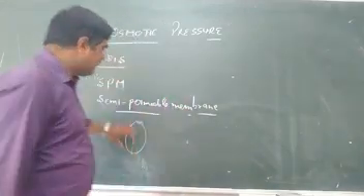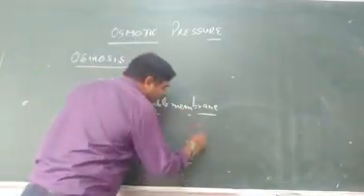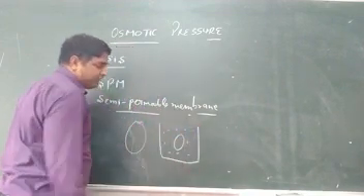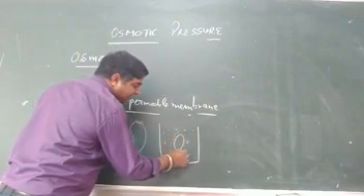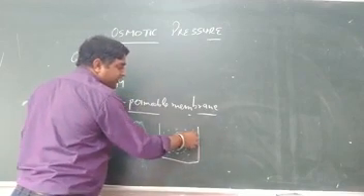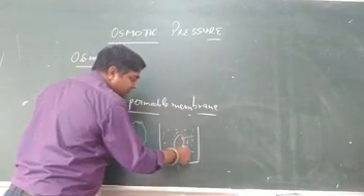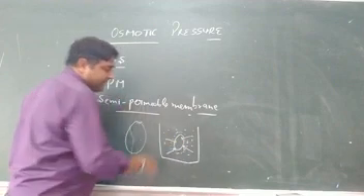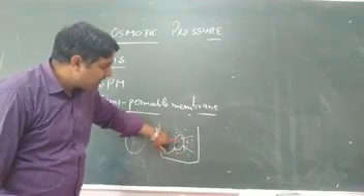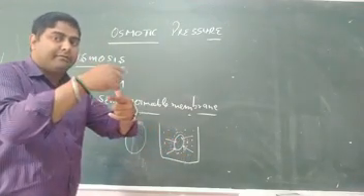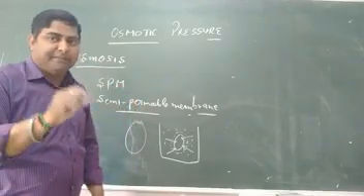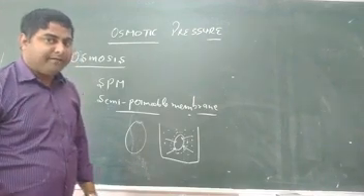When we place this egg in pure water, you will find that it swells, its size increases because the water moves from a region of low concentration to the higher concentration through the layer of the egg. That layer is called SPM, semi-permeable membrane.